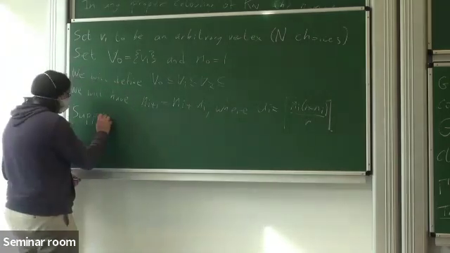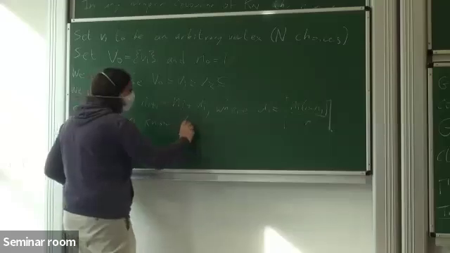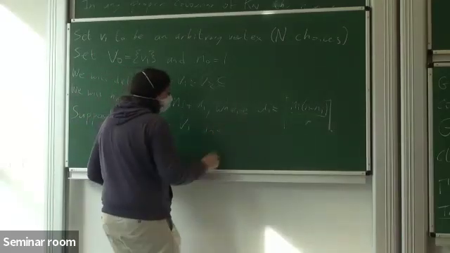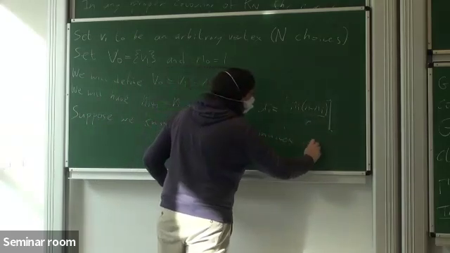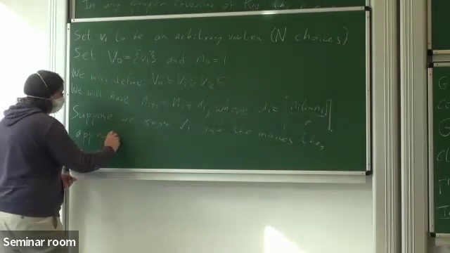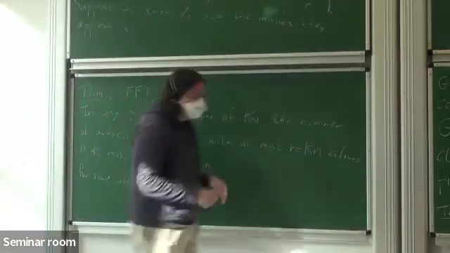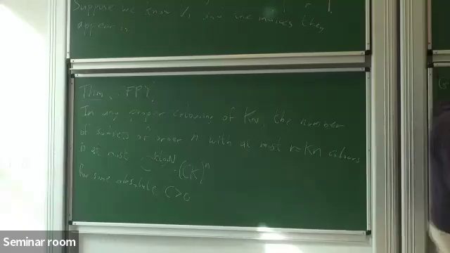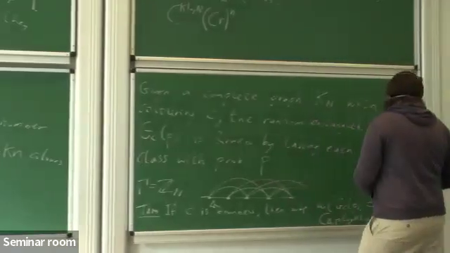So suppose we know Vi and the indices they appear. This Vi is basically just some subset of this Kn that we started with.